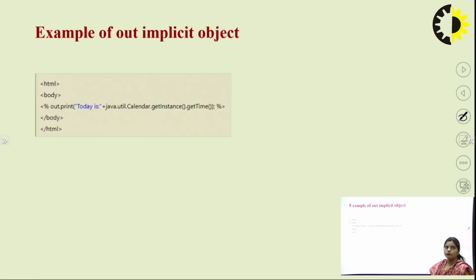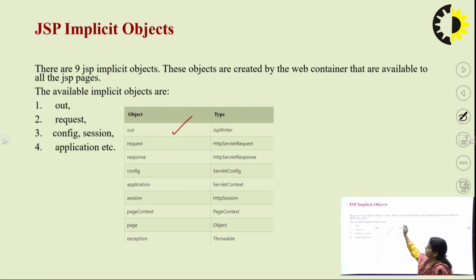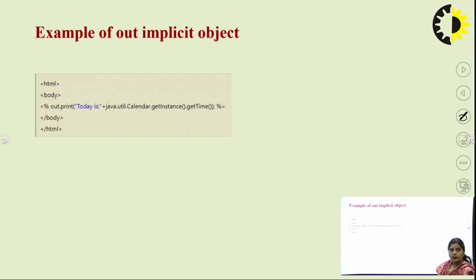Now, an example of the out implicit object. Here we have an example which explains the out implicit object. First of all, we have the HTML tag, then the body tag, then, as I told earlier, this is the syntax of the JSP scriptlet tag having the out implicit object.